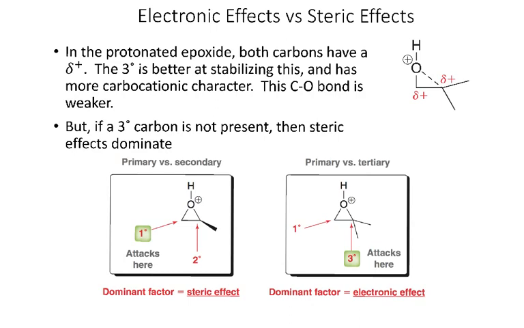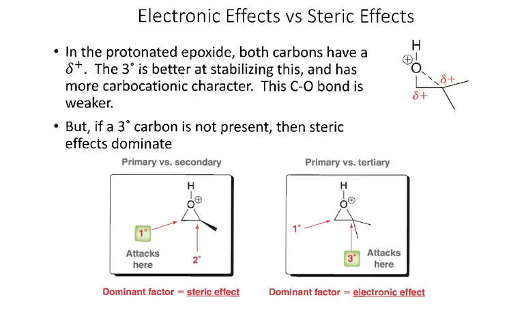We also have electronic effects that we need to consider. Because this oxygen is already protonated, some of that positive charge is going to be distributed to the carbon atoms that are also part of the epoxide ring. And as we know, carbocations, positive charges on carbons, are more stable the more substituted that carbon is.